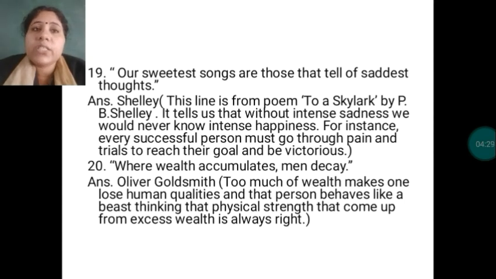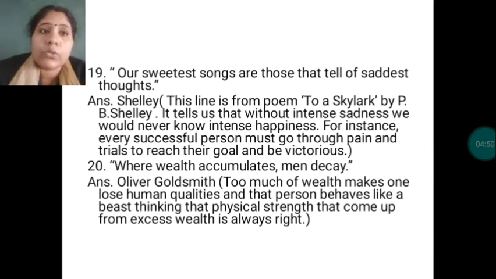Next, our sweetest songs are those that tell of saddest thoughts. Shelley. This line is from the poem To a Skylark by P.B. Shelley. It tells us that without intense sadness, we would never know intense happiness. No pain, no gain. You must have heard this thought also. So, where there is sadness, there would be happiness also.